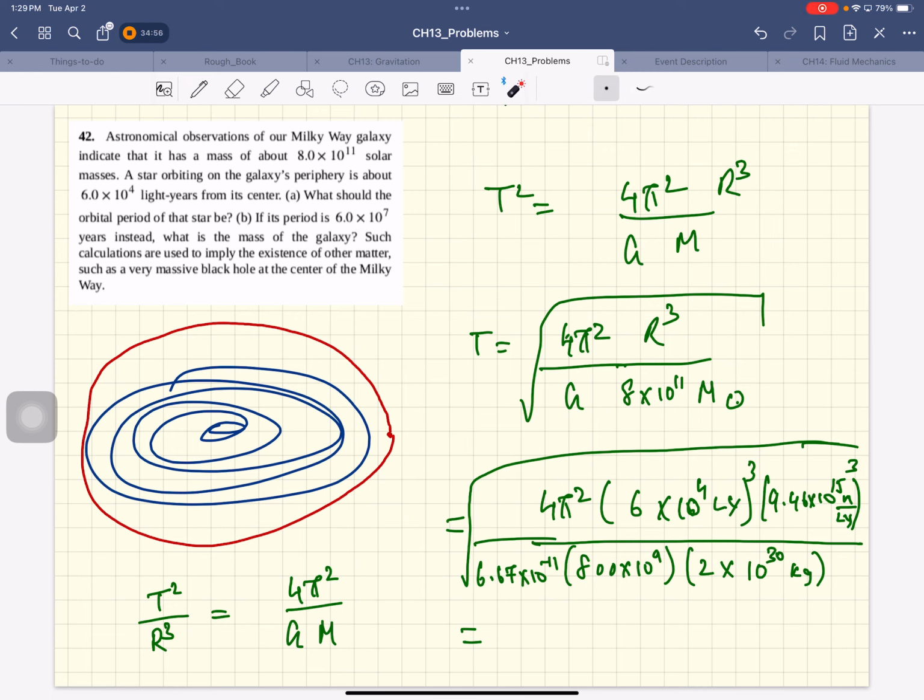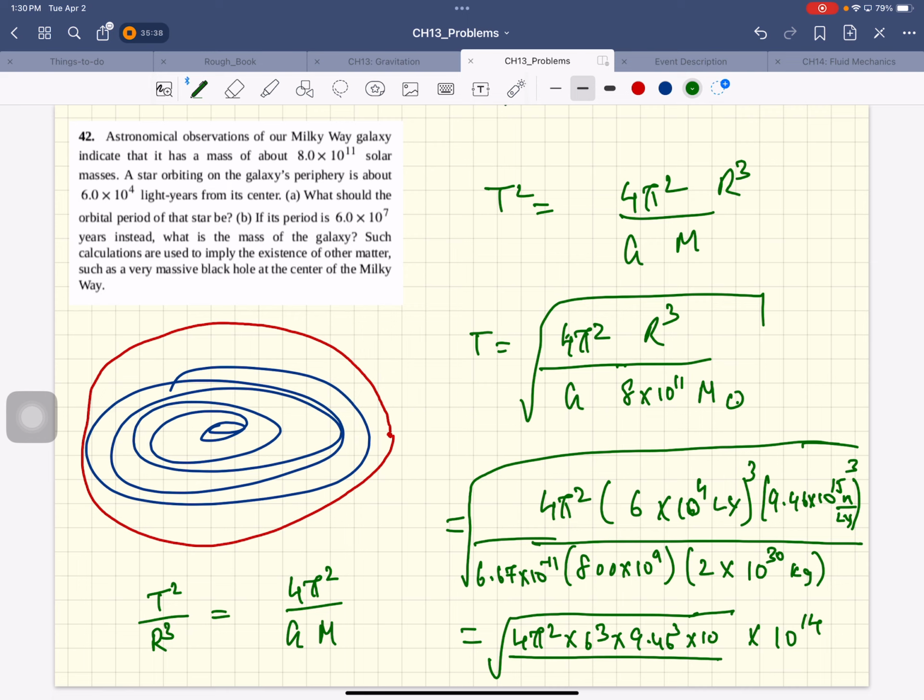Okay, let's do this again. 1957, 68, 68 minus 39 is 29. So 4 pi squared into 6 cubed into 9.46 cubed into 10.